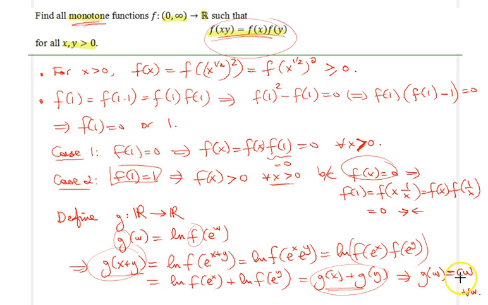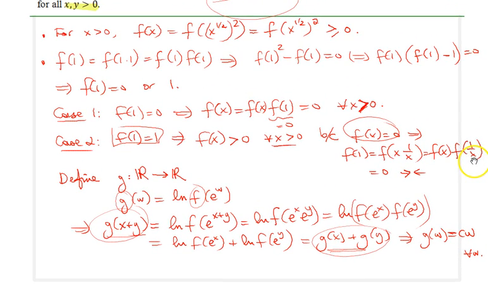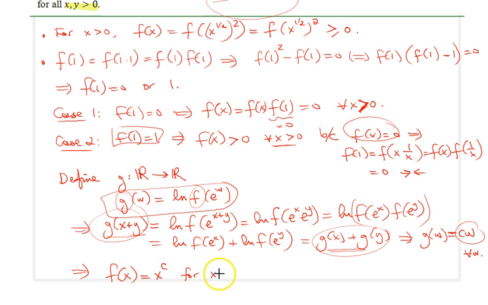If that's the case, given this form, if you replace it with c w here, we can take the exponent of both sides, and obviously you get f of x equals x to the power c for x greater than 0, because of our definition, x must be greater than 0.